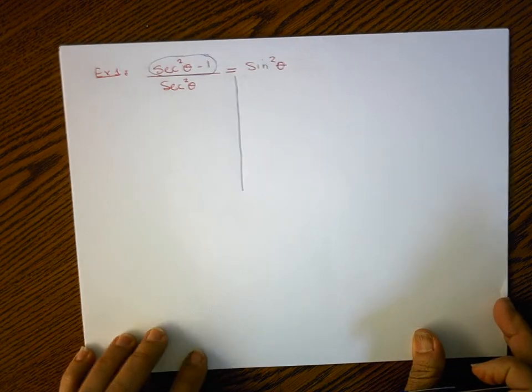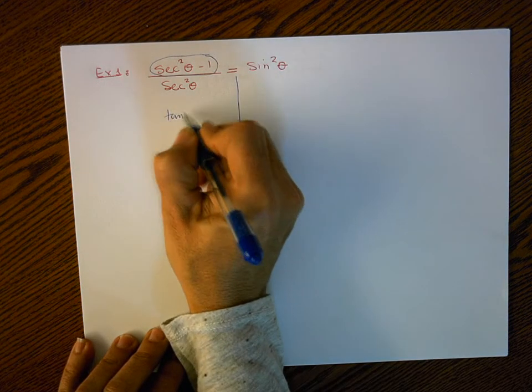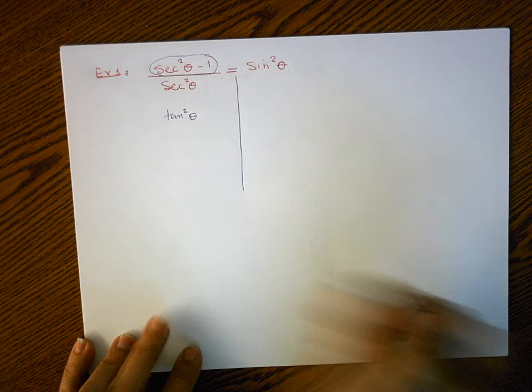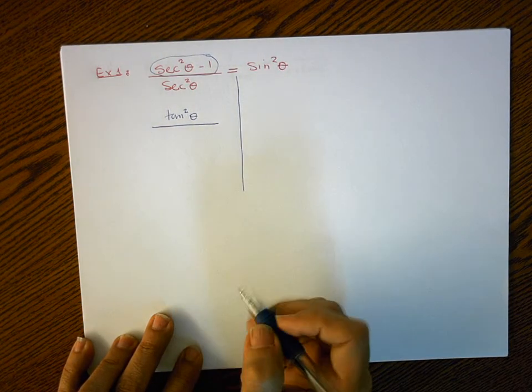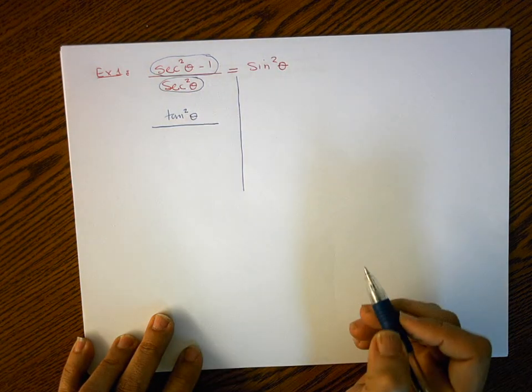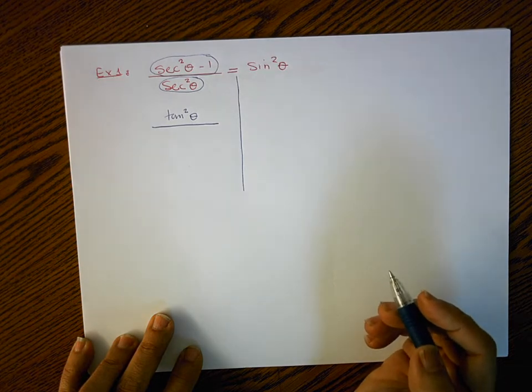I can substitute that for the tangent square of theta, because that's what that whole thing equals. All over, I can also go ahead and substitute this right here. I know that the secant square of theta is just 1 over the cosine square of theta.